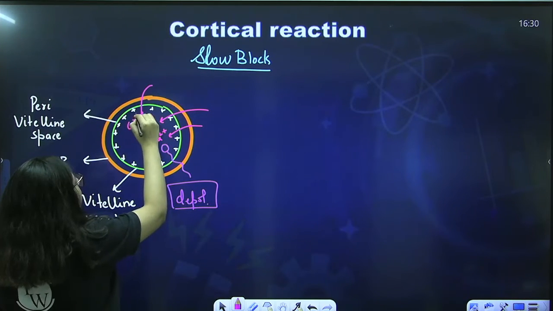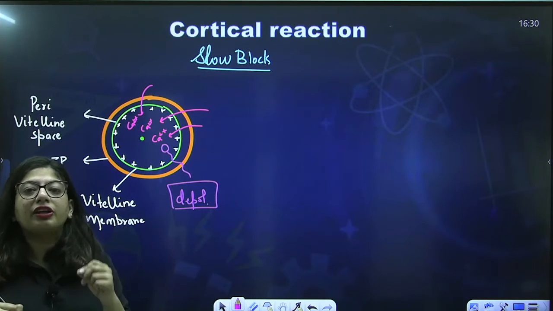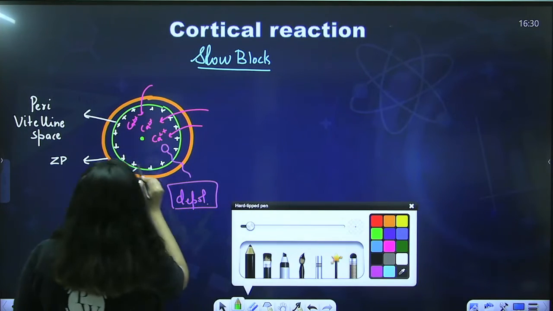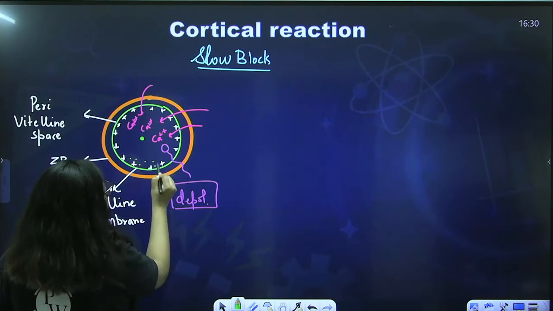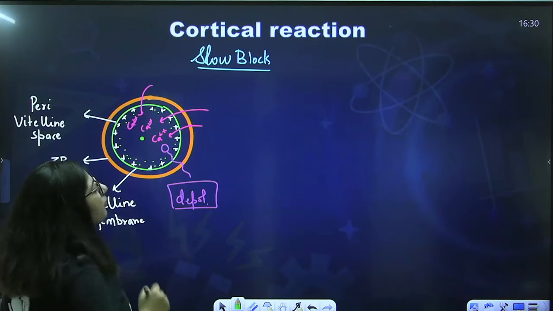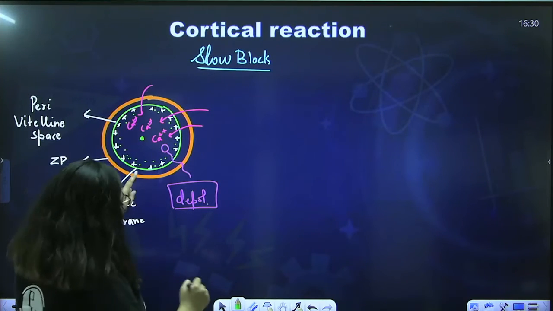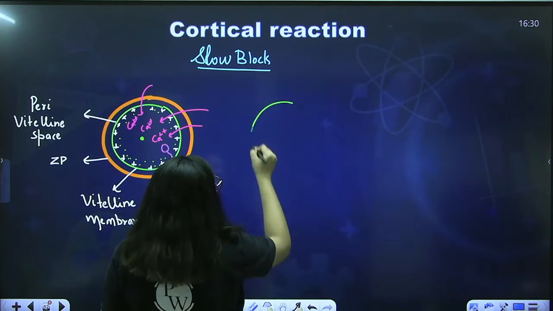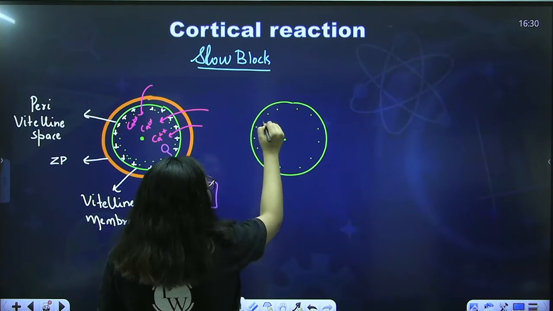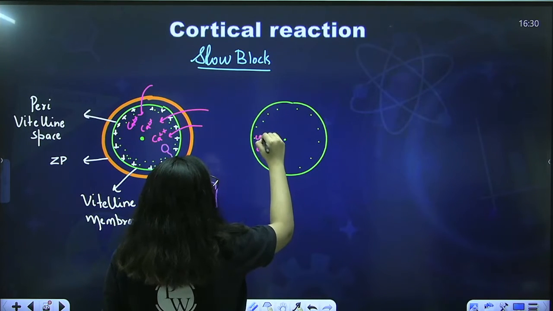Okay. Now, this calcium will fuse with cortical granules. What are cortical granules? These are very small granule-like structures present on the periphery of the oocyte, right? Not in the center, on the periphery. So these cortical granules are present at the surface, and they will fuse with calcium ion.